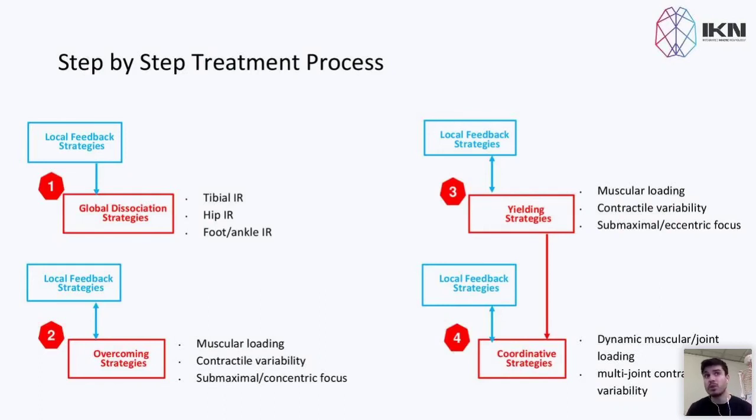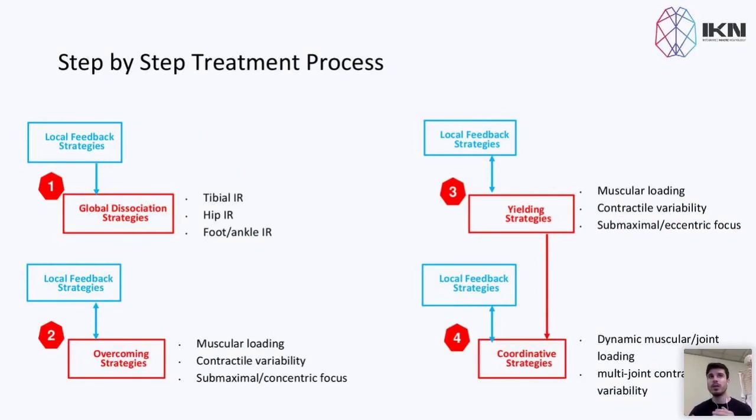So what we might need to do is train that quad to contract eccentrically by getting them into knee flexion, and then by actually restoring the capacity of the muscle on the other side to contract more concentrically, to take on more workload, more stress, okay? To actually give the quad a chance to express more eccentric behavior. Okay, so that's just one way of doing it.